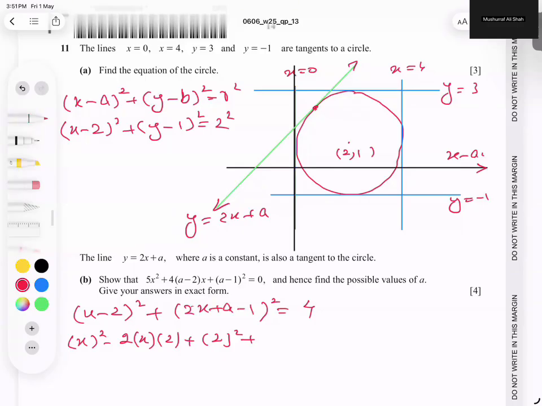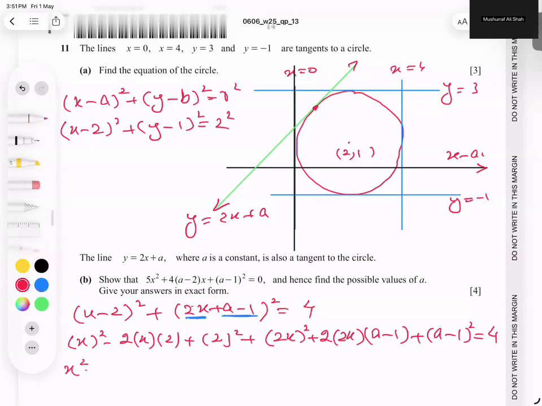Now, students, I'm dealing with 2x as one term and a minus 1 as the second term. So I'm writing (2x) whole squared plus 2 into the first term into the second term, (a minus 1), and again (a minus 1) whole squared equals 4.